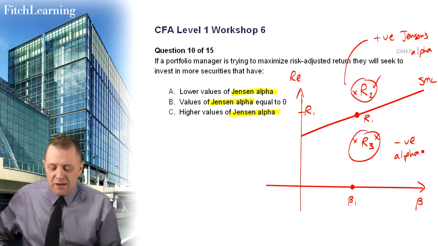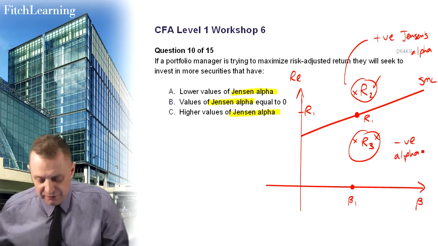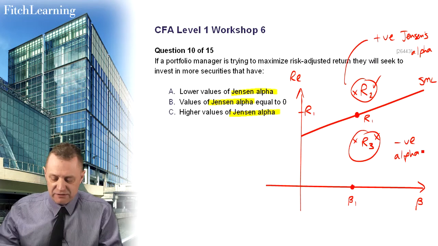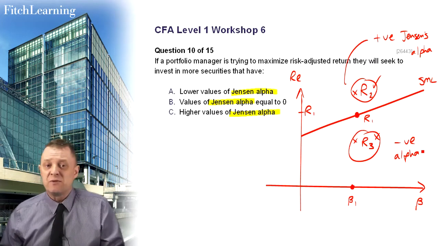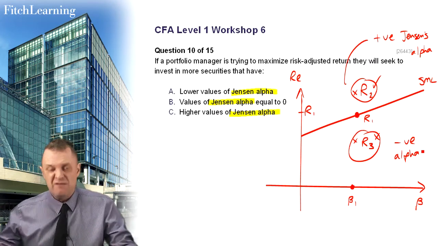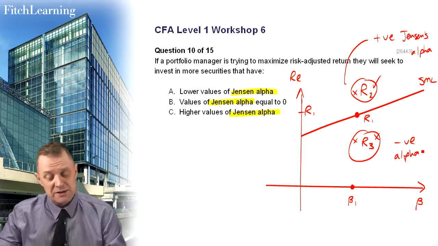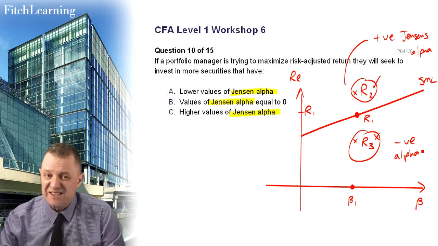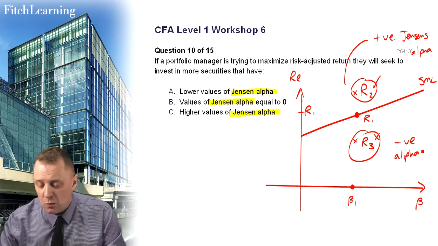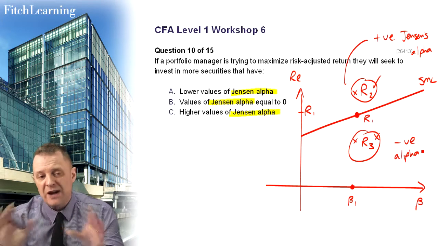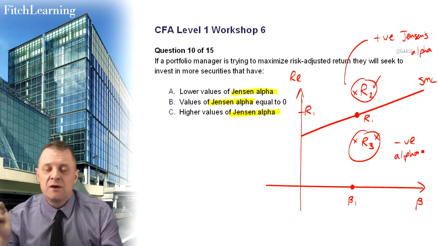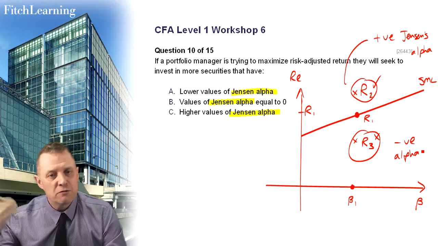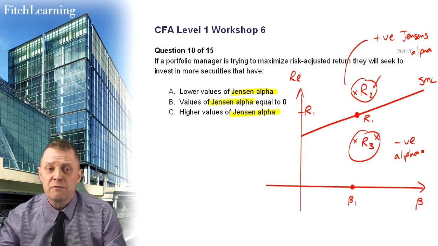So if you are looking for alpha, in particular positive alpha, you're looking for securities that sit above the securities market line. Those that, to a certain extent, we think are mispriced. Now, if we can identify these securities, because they give us a better return than what the SML says we should be getting, we actually try and seek these out. Now, the issue with them, of course, is that if you're looking for them, other people are looking for them as well.